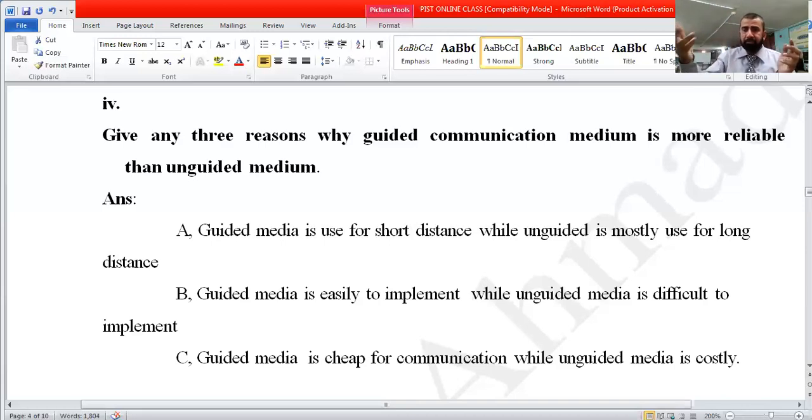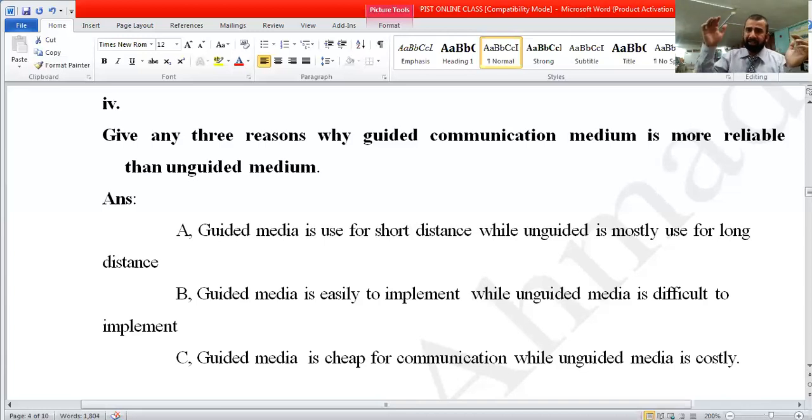Anyway, another thing is also present over here. Why I am talking about guided media being more reliable than unguided media: if there is any weather, like heavy rain, and you are watching your television, the stars are blinking on your television.